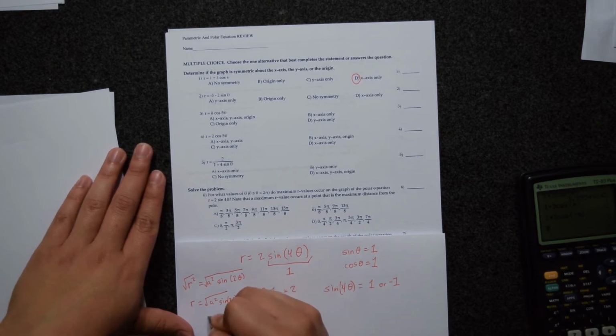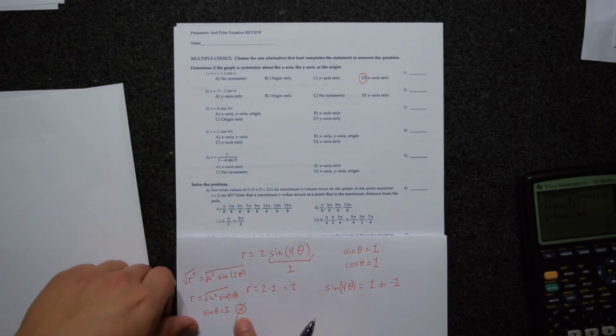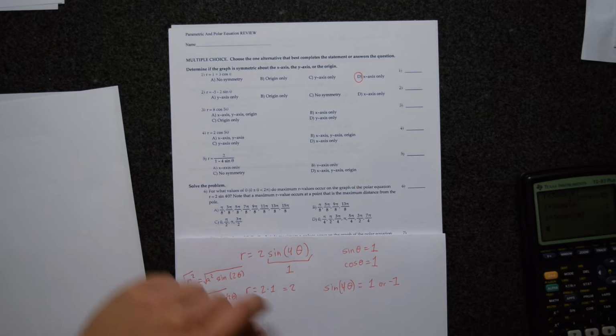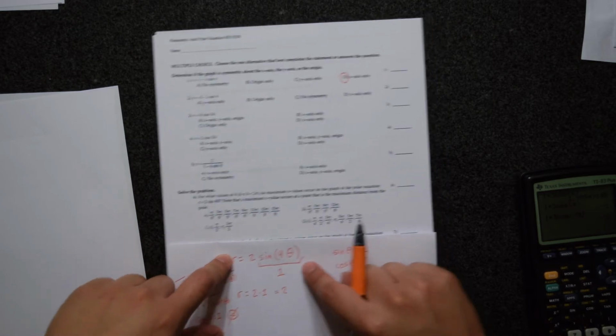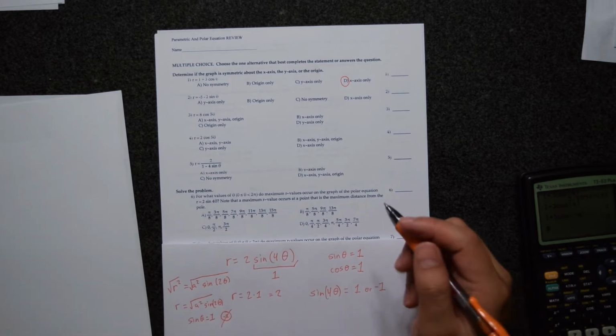So this has to be sine of theta is equal to 1, and you cannot use negative 1. You cannot use that because of the square root. That would make it an imaginary number. So in this case, we're not breaking any rules by using negative 1, so let's go ahead and use it.